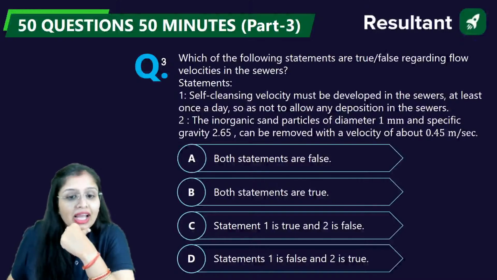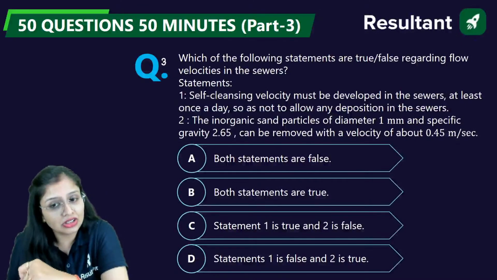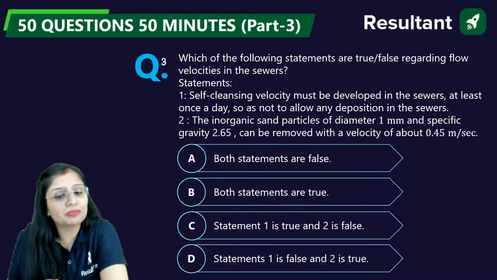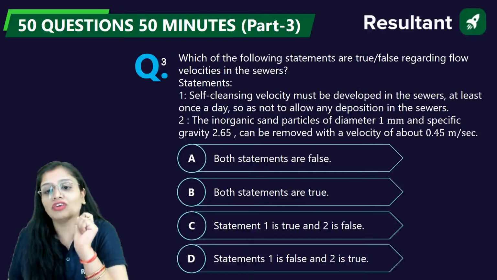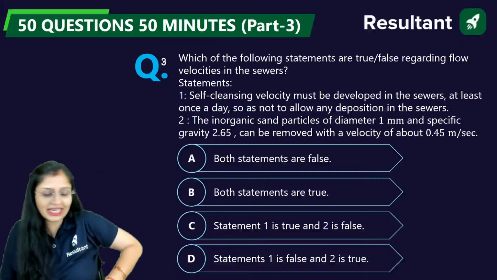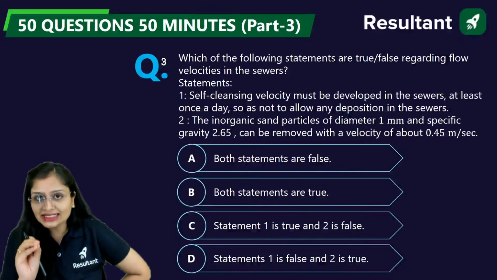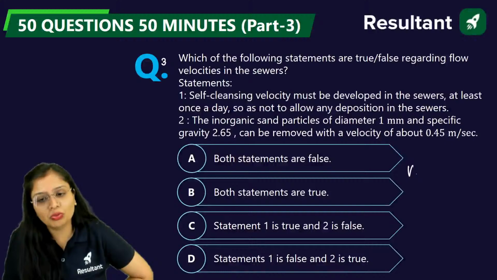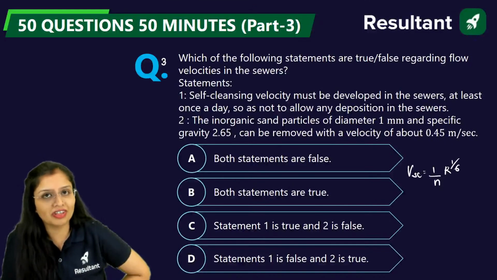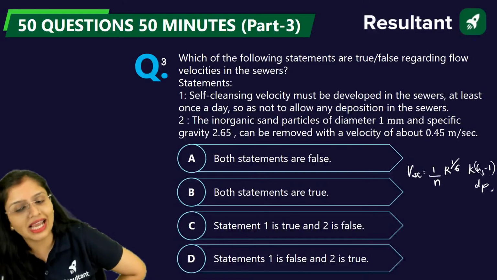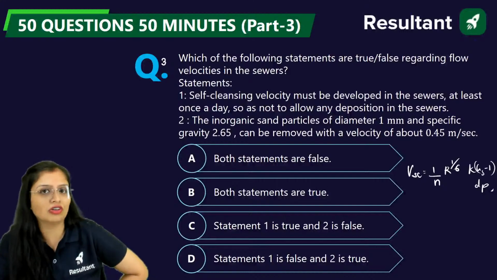Second statement: the inorganic sand particles of diameter 1 mm and specific gravity 2.65 can be removed with a velocity of about 0.45 meter per second. This is direct, you can remember it, or if you want you can calculate using (1/n) R^(1/6) √(k(Gs − 1)dp). You can use that formula to calculate the self-cleansing velocity and check it.